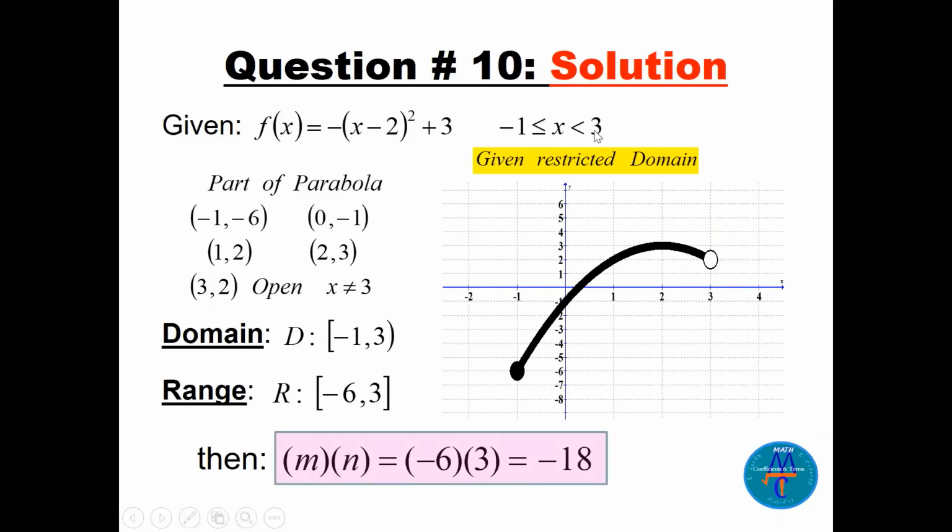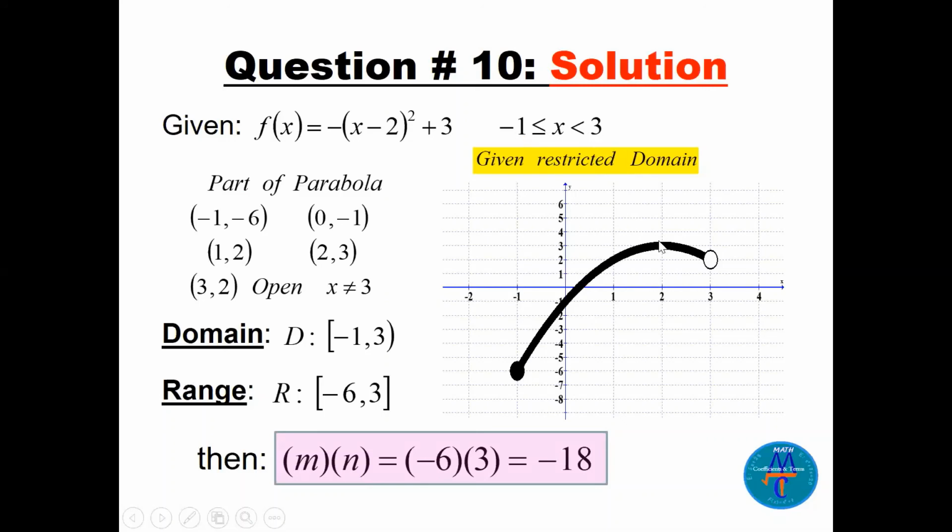Take 3, guys. Now you might say x less than 3. Yes. Take 3 and put it open. Put 3 there, 3 minus 2, 1, square it. So that's 2, right? So (3, 2), you see? It's open. So we only need the graph. See, this is a parabola. If you complete it, it will be a complete parabola here. But we have only the restricted domain between minus 1 and 3.